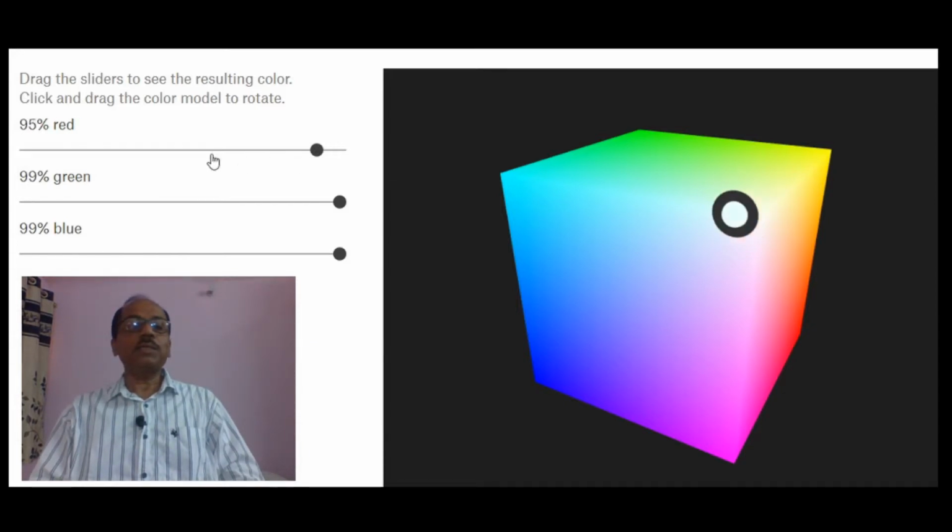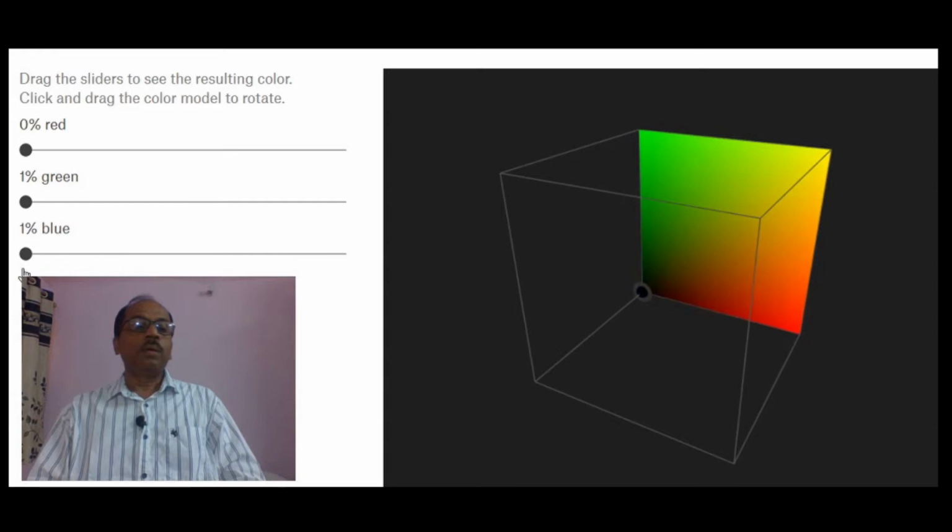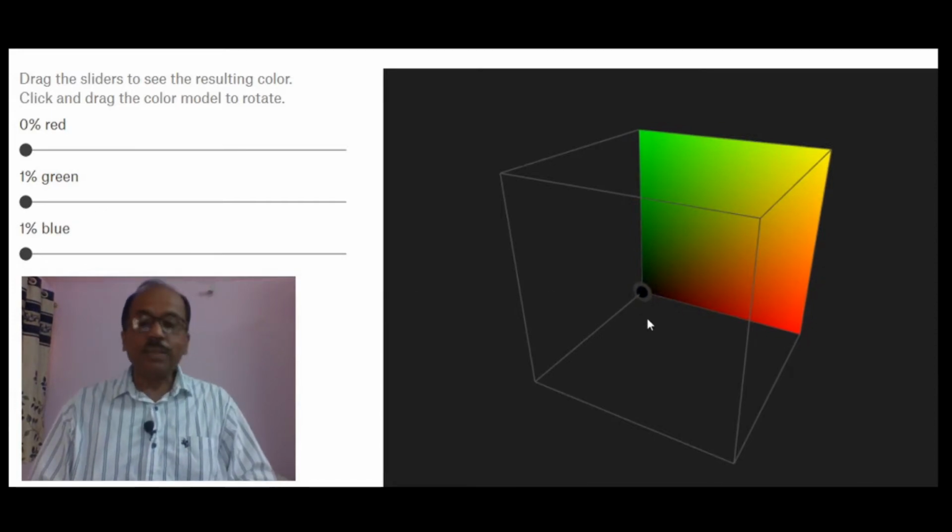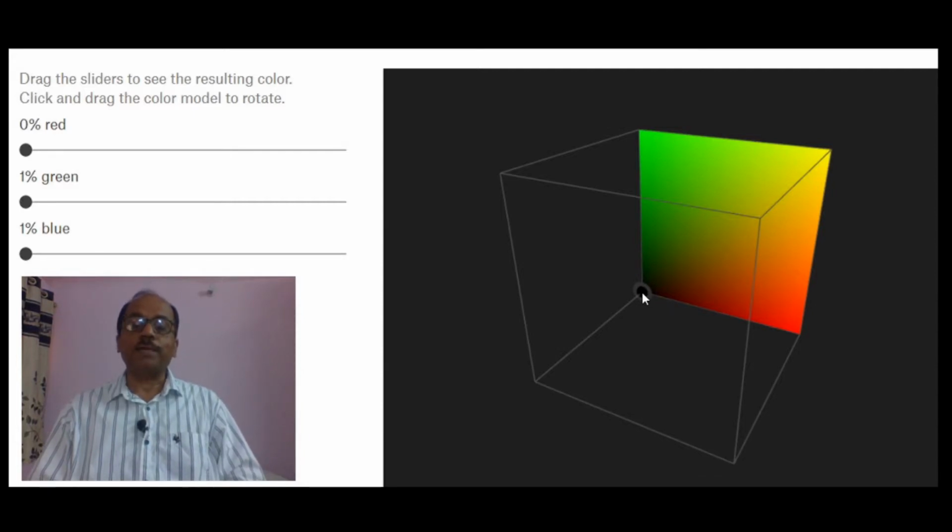Whenever all these are 0% or near 0%, the color appears dark black.